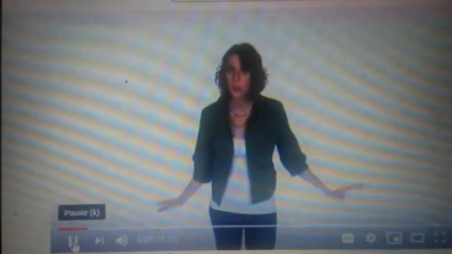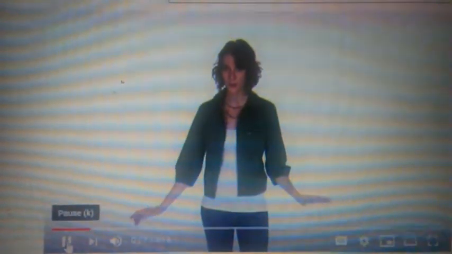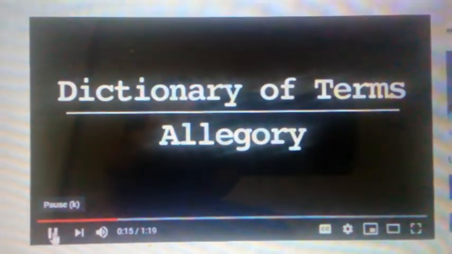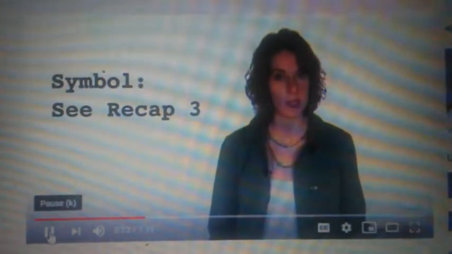If you're drowning in a sea of symbols, you're probably wishing for a life preserver. I'll throw you one next. It's the definition of allegory. In almost every book you read for English, you'll probably come across at least one symbol. But when everything stands for something else, you don't just have an author who's obsessed with symbols, you have an allegory.